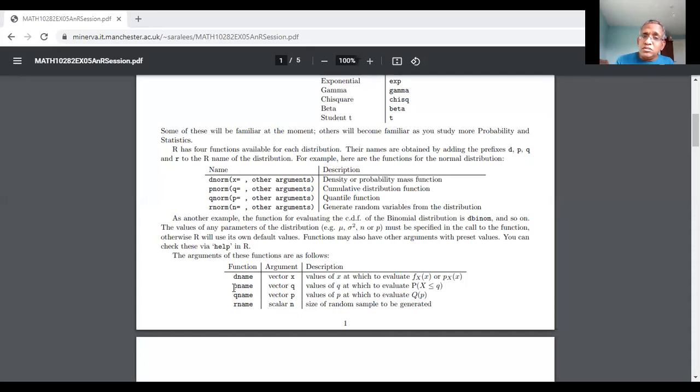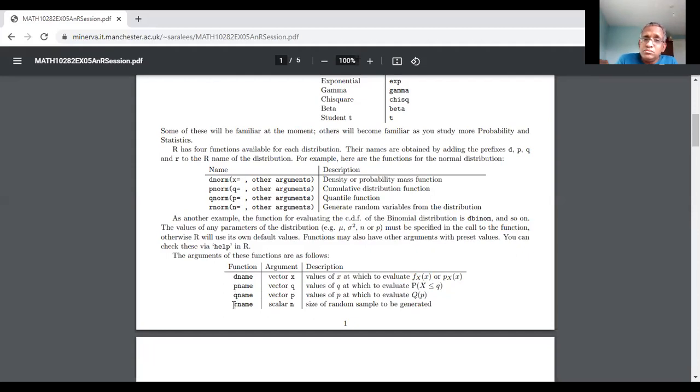If you want to compute the CDF, then you use P and the name of the distribution. And if you want to compute the quantile, then you use Q and the name of the distribution. And if you want to generate random numbers from a given distribution, you say R and then the name of the distribution, right?